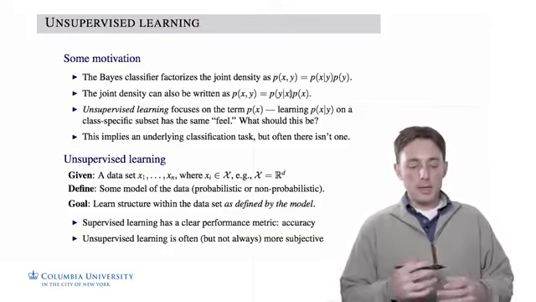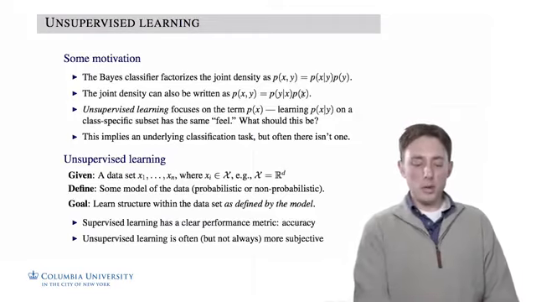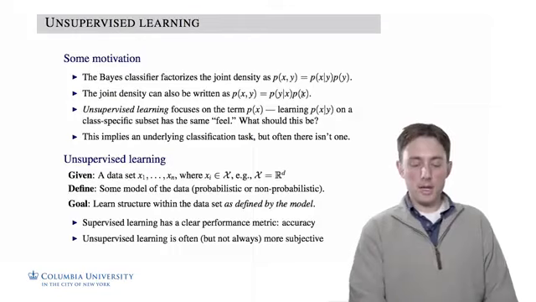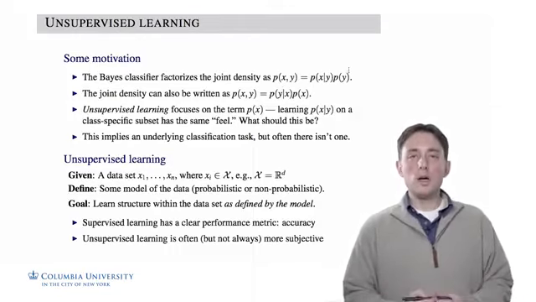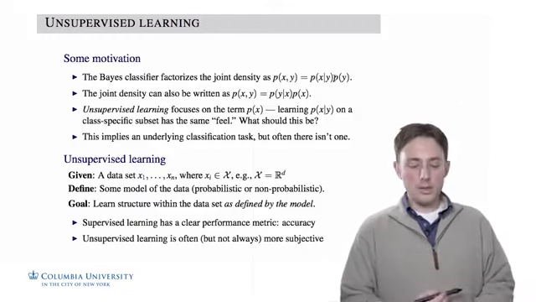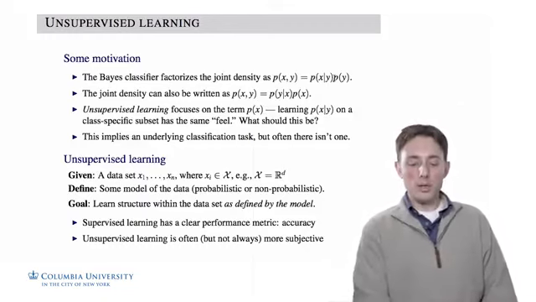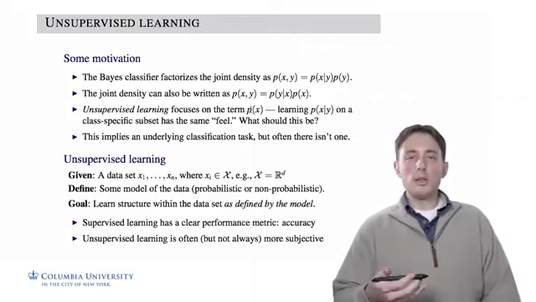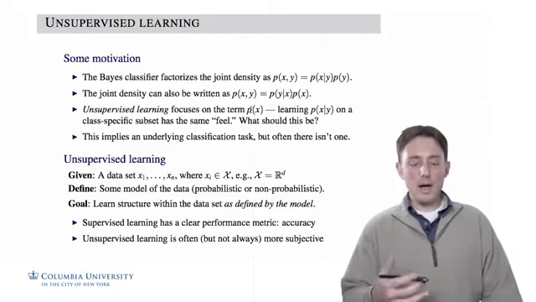Equivalently, we can use exactly the same rules of probability to say that the joint likelihood of both x and y is the conditional likelihood of y given x times a prior on x. So in a sense, with supervised learning, we either focused on this term or we focused on learning both of these terms together.